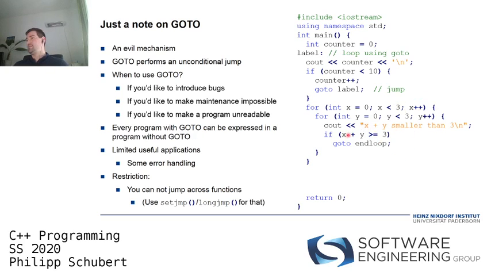We can check some stuff with a condition, and if the condition evaluates to true, we go to the label end loop. Otherwise, we continue to loop, and then we create another label end loop to which we jump if that condition evaluates to true, and then we print just a new line at the very end. So this is how you could use it. You probably shouldn't.